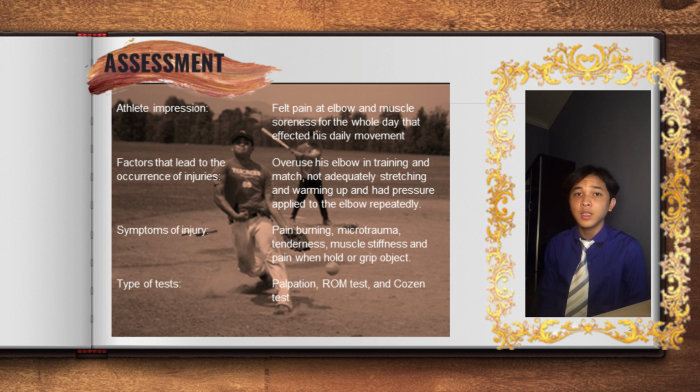The result shows that he feels pain during several movements in this test, which are forearm pronation, radial deviation, and wrist extension. After each test was performed, it was found that the patient had tennis elbow and needs to follow the next step, which is the recovery session. So that's all for the assessment.